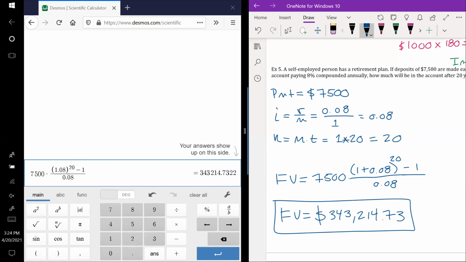Not bad. So that's how much money this self-employed person will have at the end of 20 years if they put in $7,500 a year. That's some good money right there. Okay. Any questions on that?